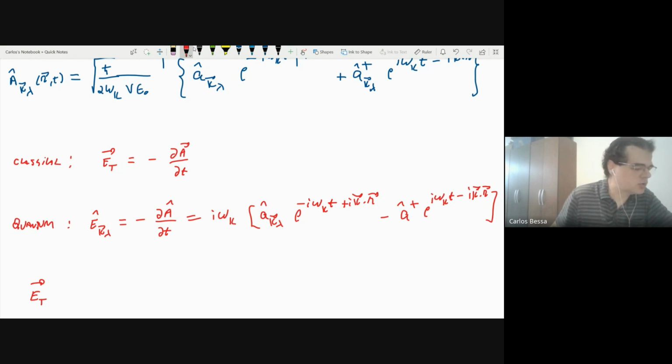So classically, this is just the sum over k lambda, the potential vector, not the unit vector, i omega k, and all these things here, right? I omega k. Oh, I forgot this term. Sorry.